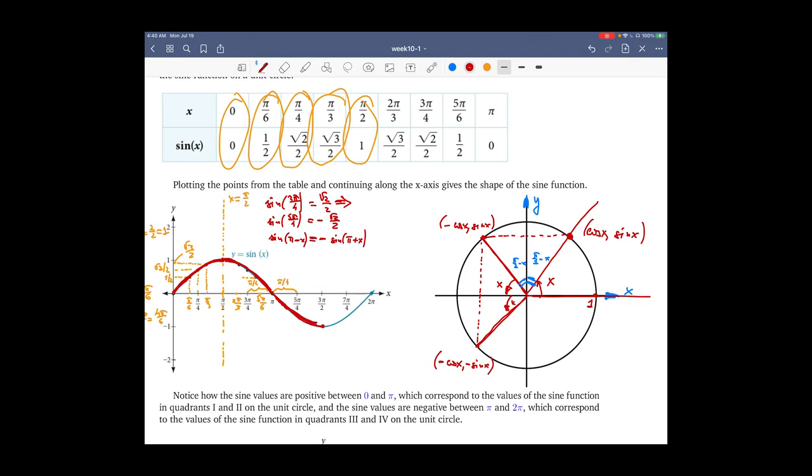And now to get the piece of the graph from 3 pi over 2 to 2 pi, we again know the symmetry.